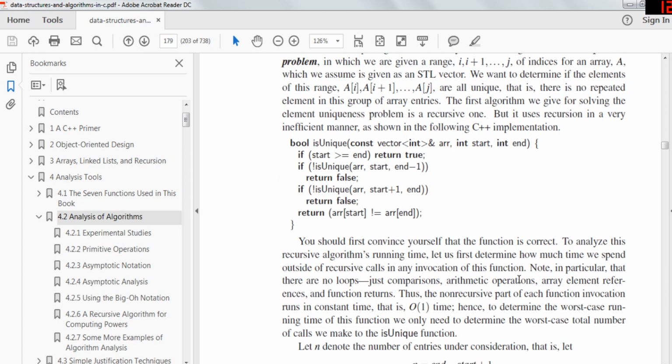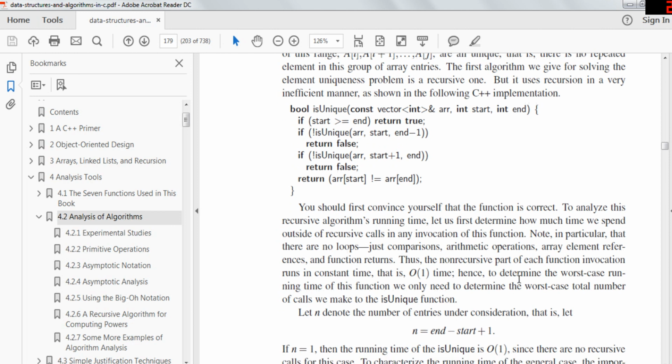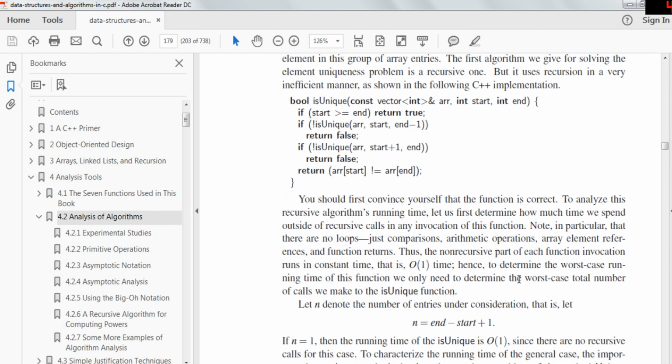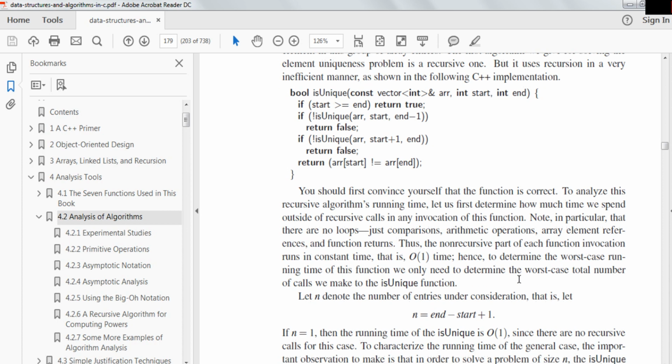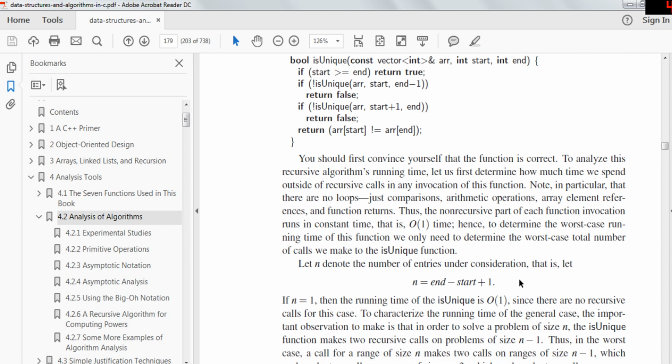To analyze this recursive algorithm, let's determine how much time we spend outside of recursive calls in any invocation of the function. There are no loops. So the non-recursive part of the function runs in constant time, that is O of 1. Hence, to determine the worst case time, we only need to determine the total number of calls made to the unique function.